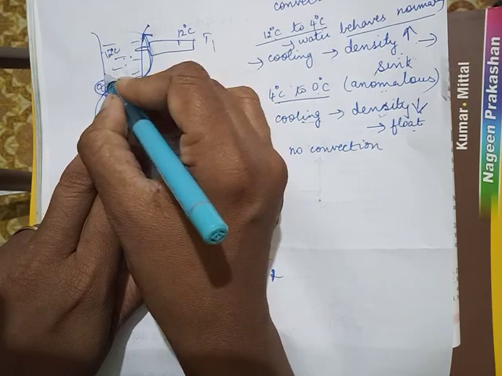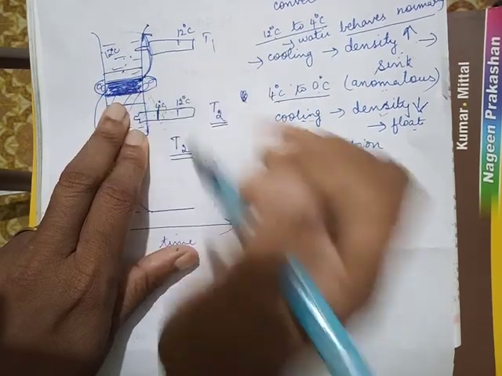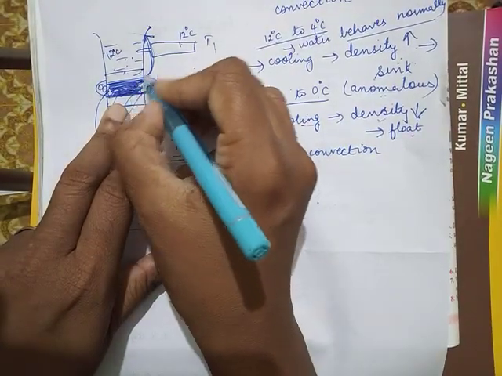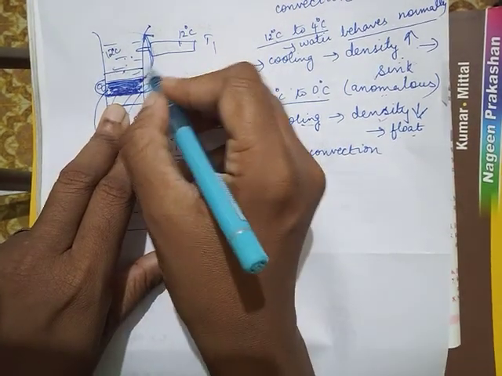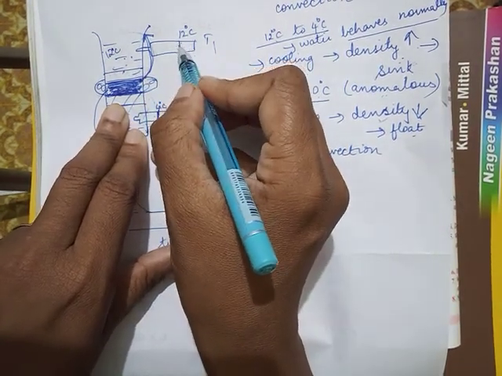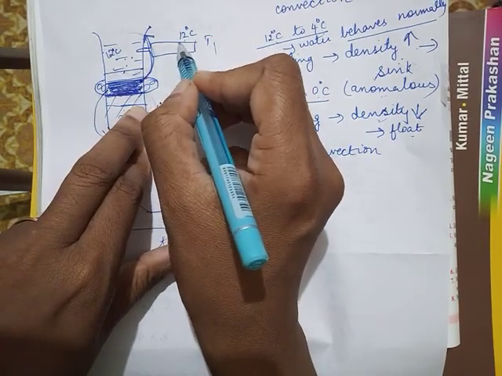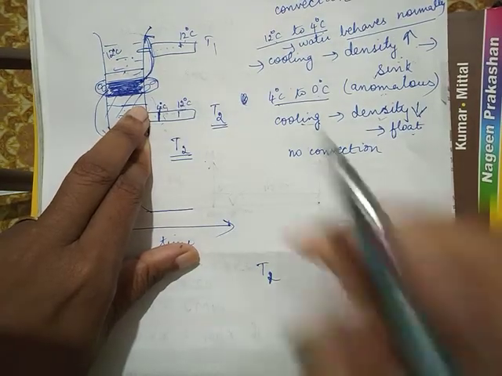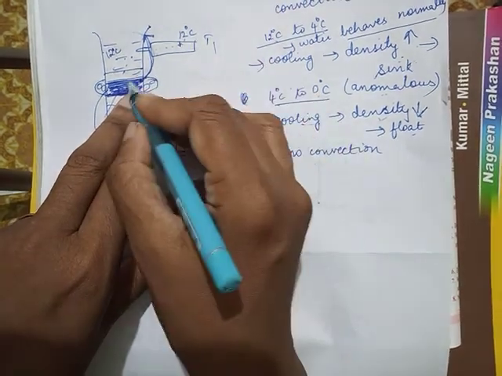So to fill this, the next layer of water would have come down, and then that would have been cooled to 4. And this will happen. So from now onwards, this thermometer will be showing a fall in temperature: 12, 11, 10, 9, 8, 7, 6, 4. So till 4, again same thing.